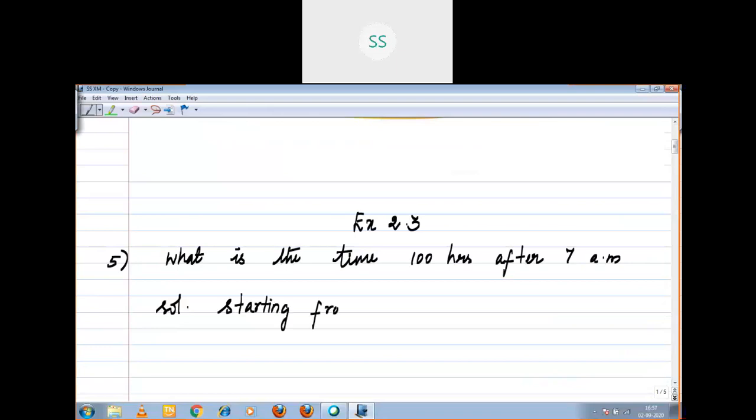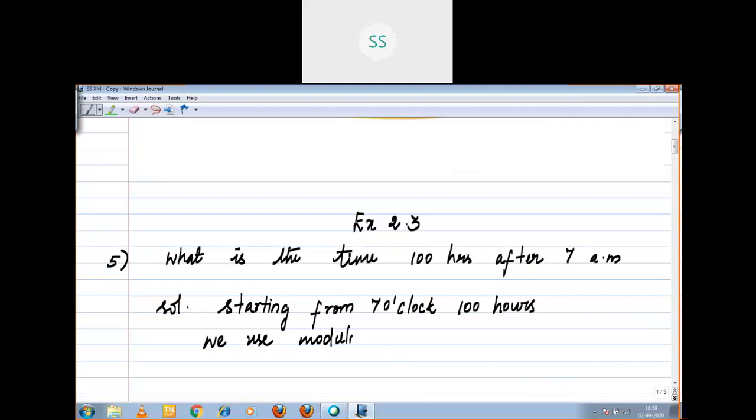Starting from 7 o'clock, 100 hours. We start from 7 o'clock. We use modulo 24 because per day how many hours? 24 hours. So we are going to use modulo 24.